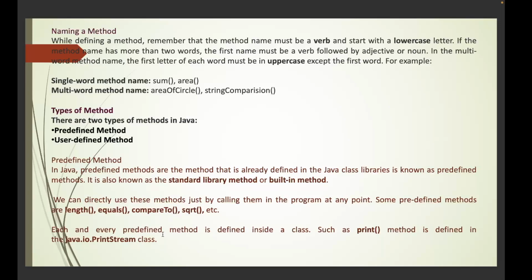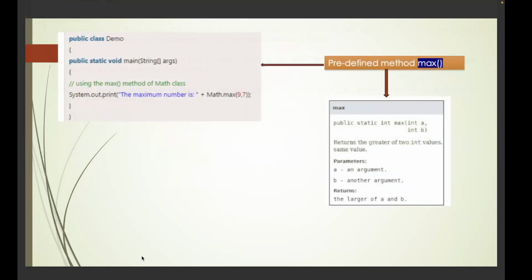Each and every predefined method is defined in a class, such as print is defined in the class java.io.PrintStream.